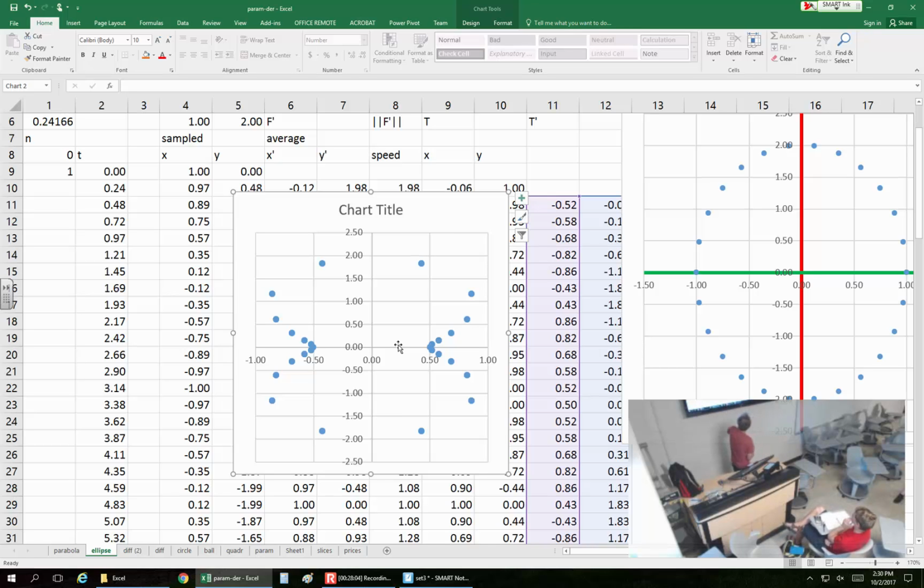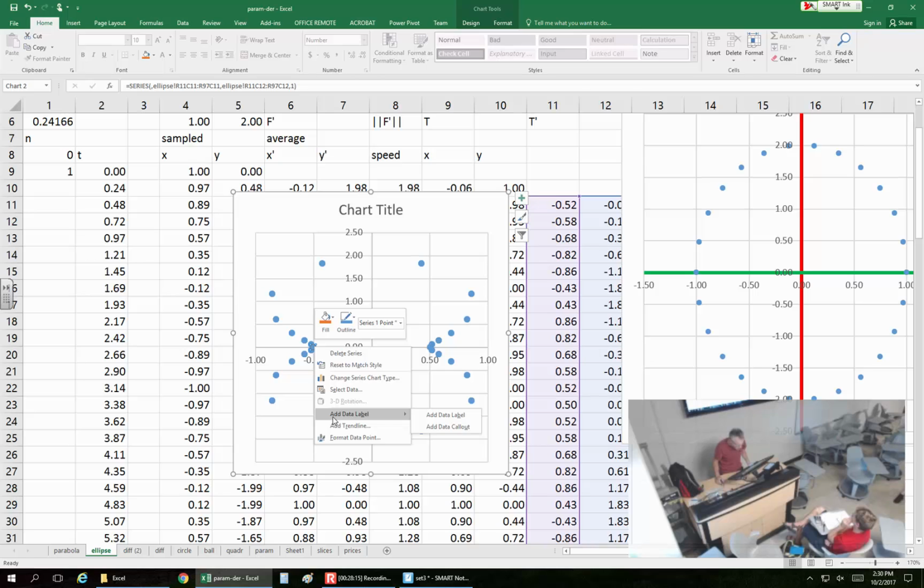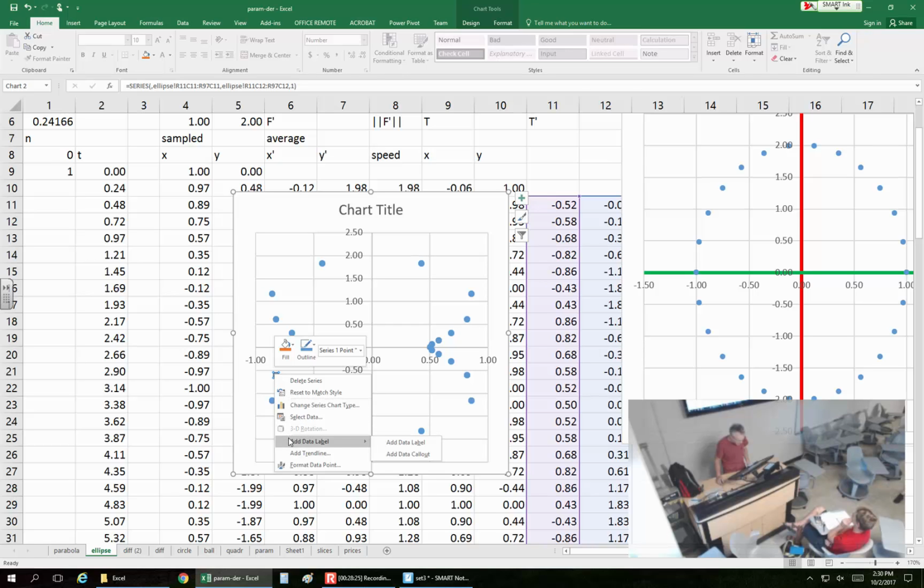Once again, it's unmarked. I don't think I can find out which is which. Okay, maybe there's an option: Add data label. That might be it. As you can see, it says 0 over there. Let me try again. Add data label.